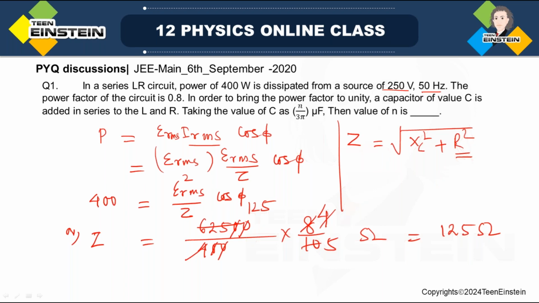L is not given, XL is also not given. We know cos phi is equal to R by Z. If I know Z, then I can find R also. So I'll find R first. R means Z into cos phi, and Z is 125 that we have calculated.